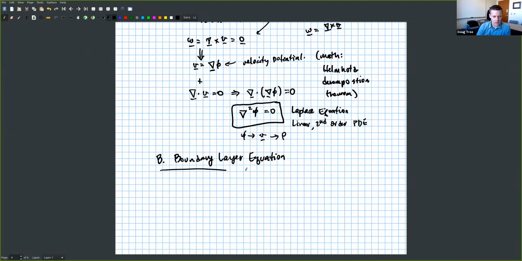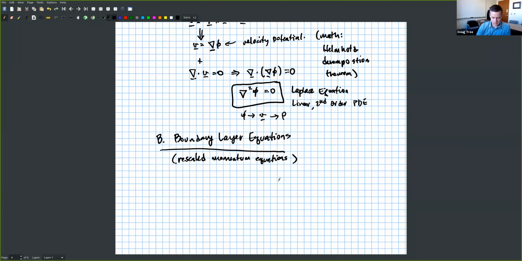Okay, and these are rescaled momentum equations. So now we're going to look at the inner problem.